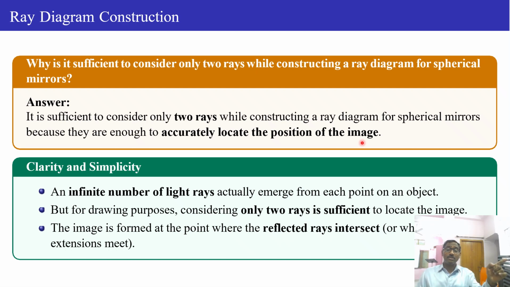Otherwise the ray which falls obliquely at the pole of the mirror, making some angle with the principal axis. That we will see in the diagrams.